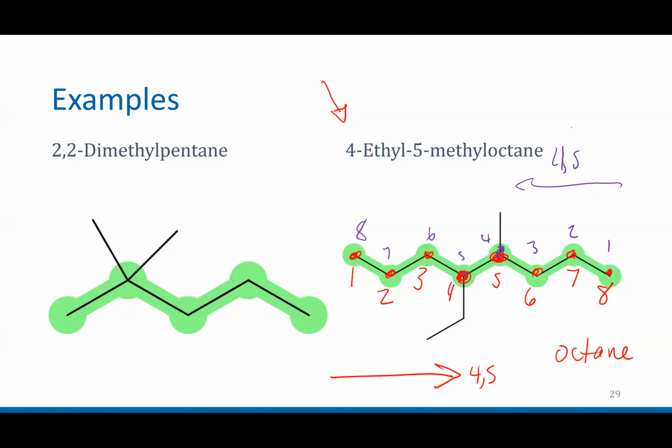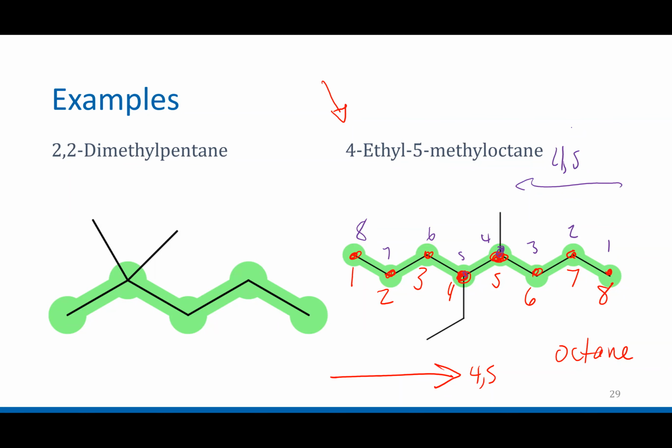So this brings me to my next, it's not necessarily a rule, but the next way I would think about this. Why don't I number them where I hit the alphabetical order first, meaning I'll make the ethyl the lowest number. This is just being kind of picky. If you had this question on a test and you numbered left to right or right to left, because the numbers 4 and 5 are the same, I would give you full marks.